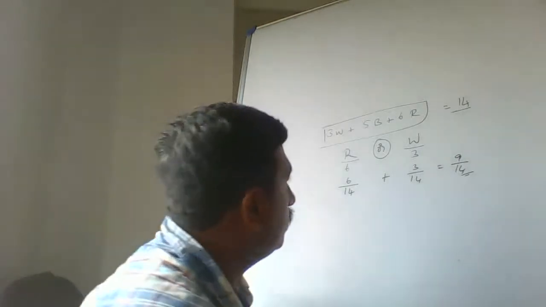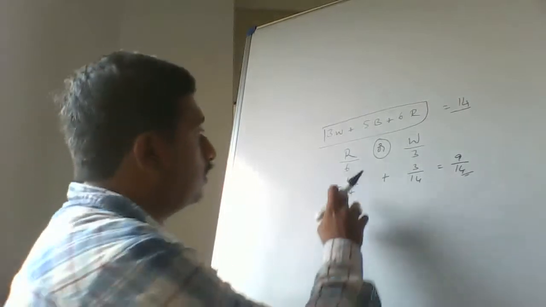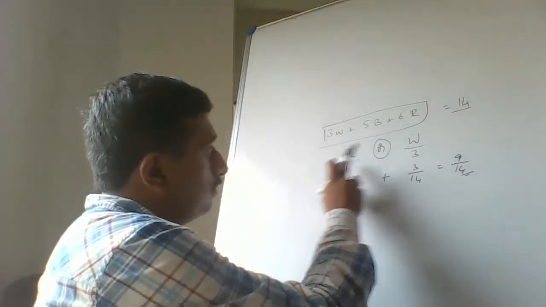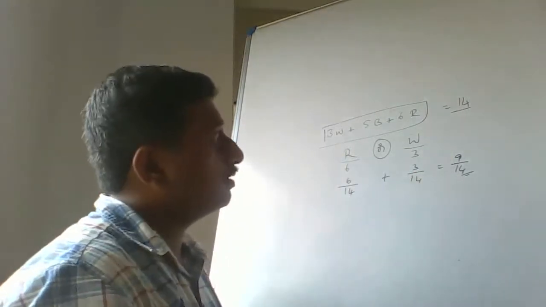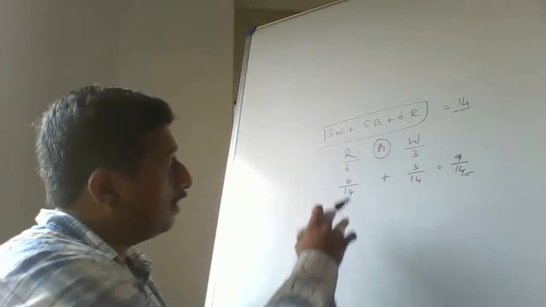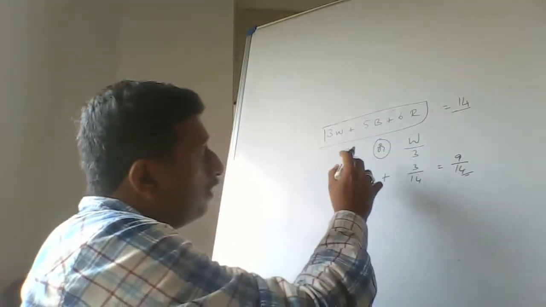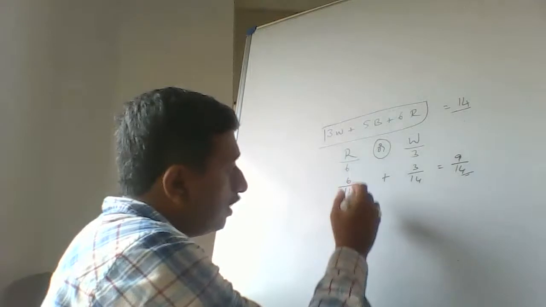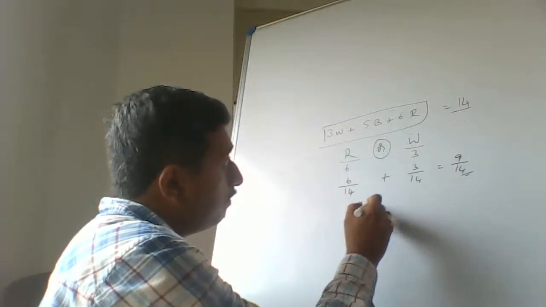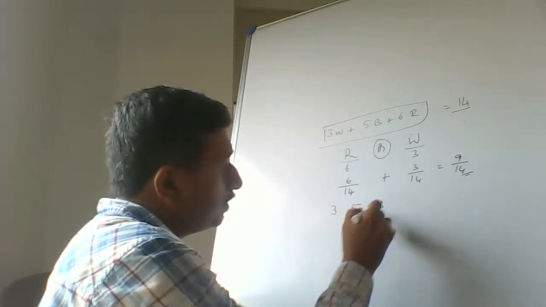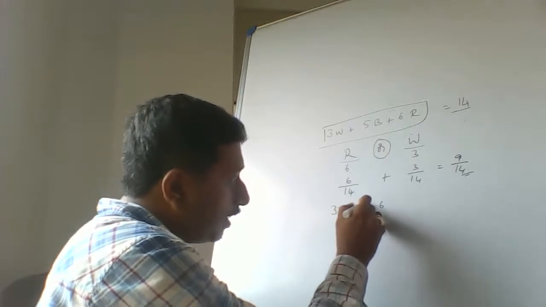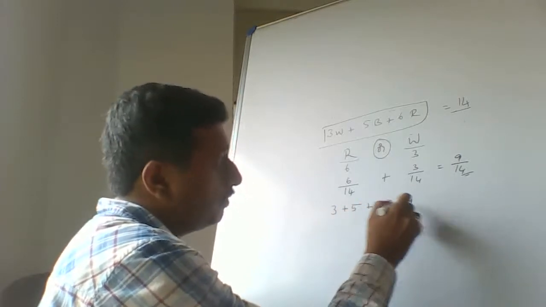See, there is no such shortcut for this, but you have to understand the question. Here it is 5, 3, and 6 in a box. So add this, and you get 14.